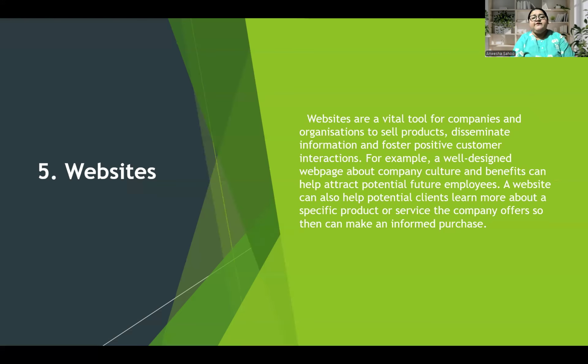For example, a well designed web page about the company culture and benefits can help attract potential future employees. A website can also help potential clients learn more about a specific product or service the company offers, so that they can make an informed purchase.